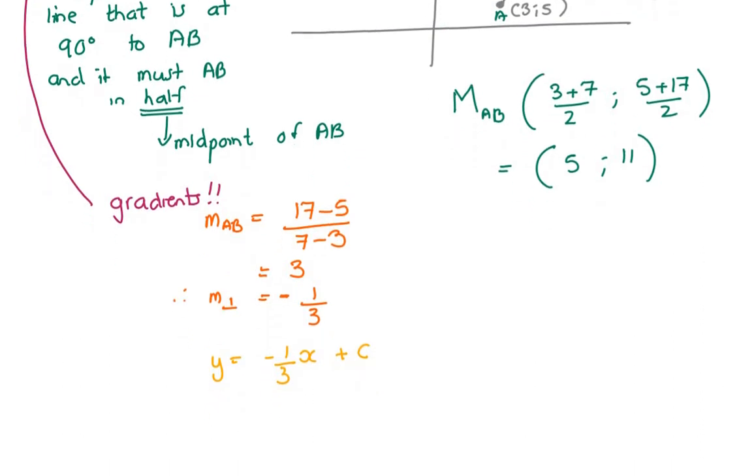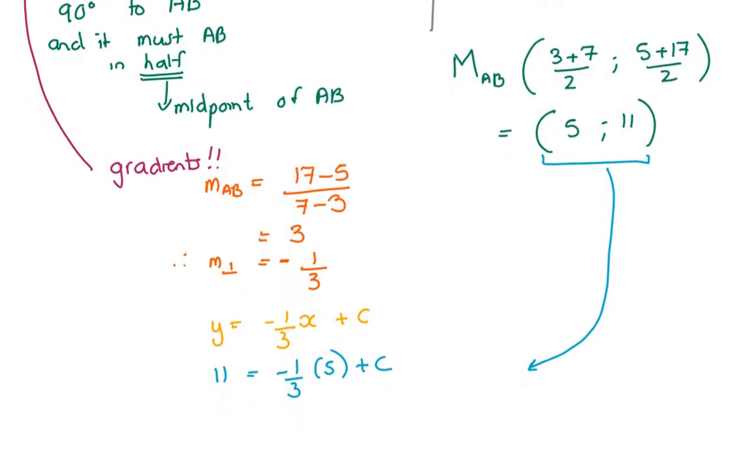Well, that's going to be easy because I'm just going to sub in my point, which is my midpoint. So that means y is 11 when x is 5. Now don't worry at all if you get improper fractions, because the moment you're dealing with perpendicular lines, you automatically start ending up with fractions. So it doesn't matter at all. I'm basically going to say that if I multiply this very quickly, this is negative 5 over 3.